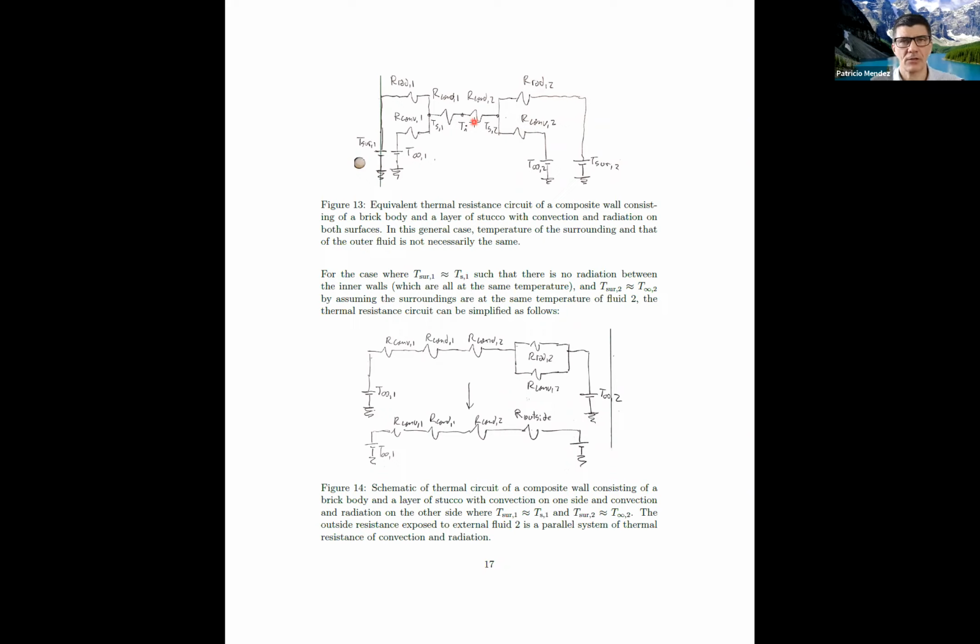If we didn't use the concept of thermal resistance, this problem would be incredibly tedious to solve just by writing a system of equations and solving it. The concept of thermal resistance is very, very, very handy. It's an engineering concept. Physicists just go and do the system of equations. That's why it's engineers who design cars, planes, and chemical plants.